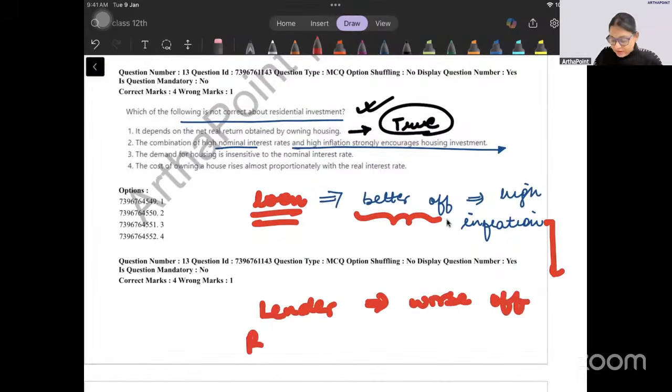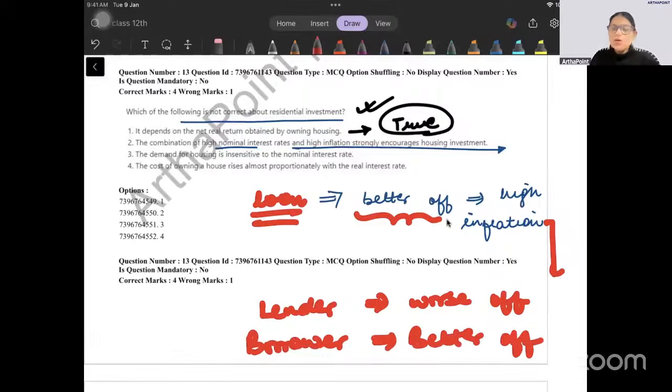But whenever you are a borrower, you will be better off, क्योंकि in real terms, you will be paying less.